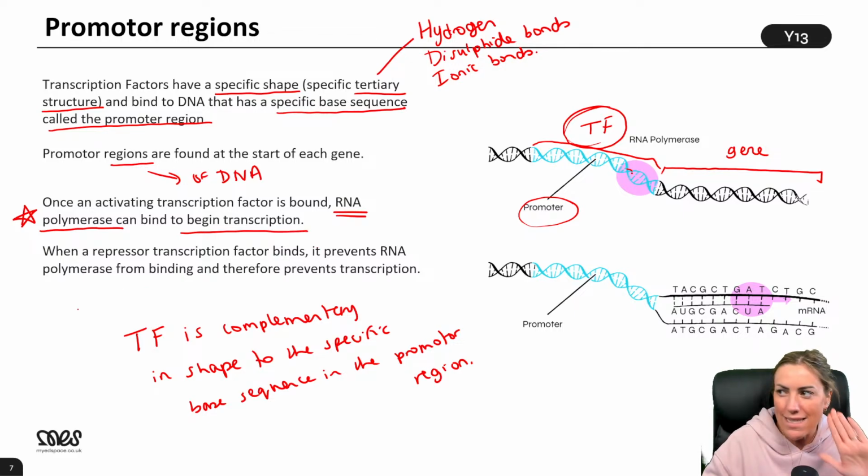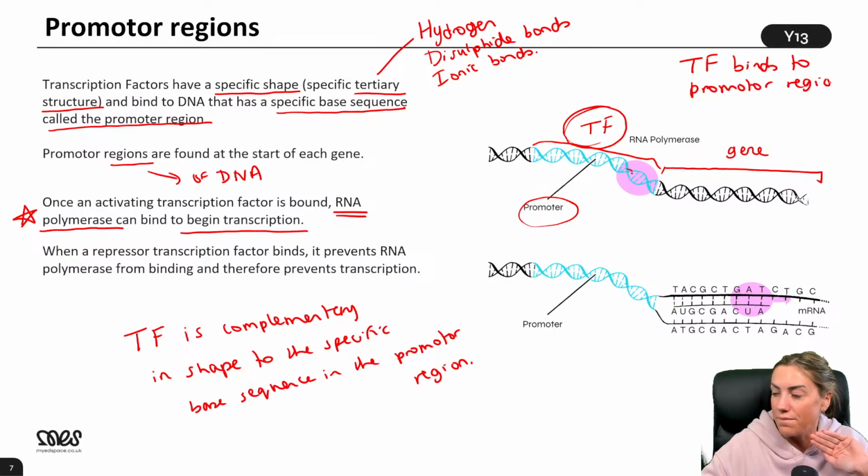Okay, so let's simplify that. I want to do a little simplified version of notes. So: transcription factor binds to promoter region. This allows RNA polymerase to bind.